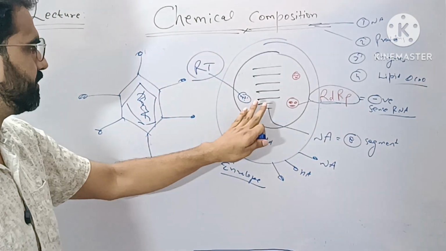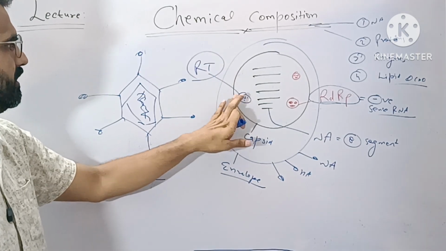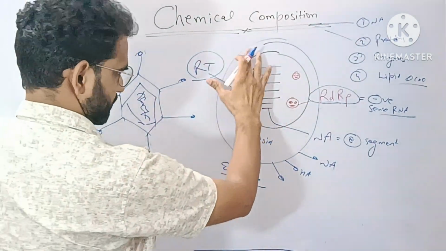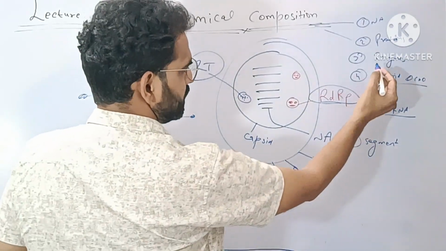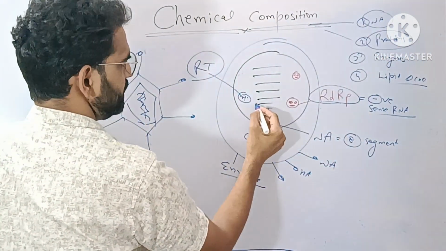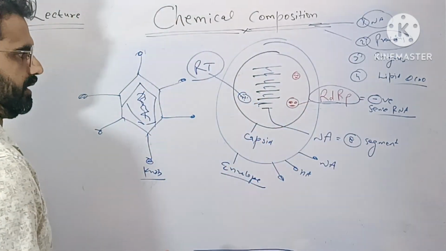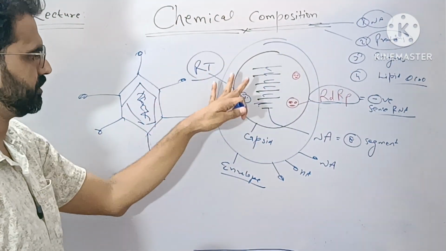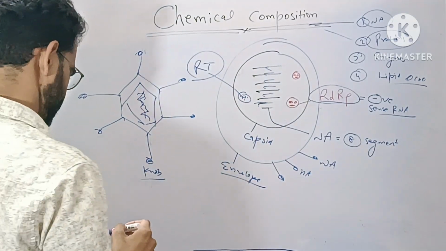Reverse transcriptase is found in Hepadnaviruses and Retroviridae. Then proteins, and nucleic acid, that is the DNA or RNA. So one by one we'll discuss the chemical composition of a virus.